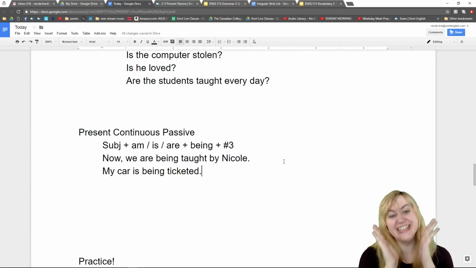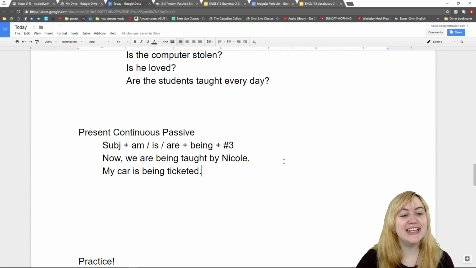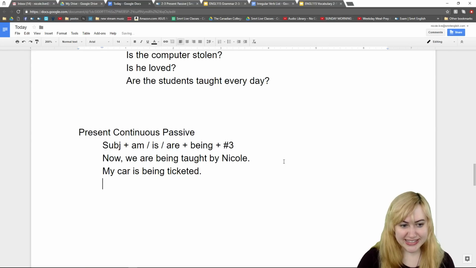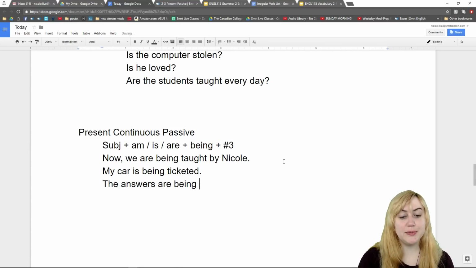Oh no! My car is being ticketed. Let's see if I can do one more here. How about the answers are being written on the board.